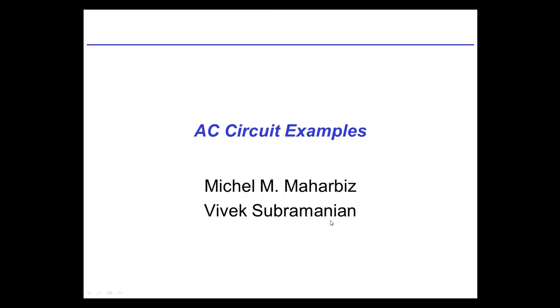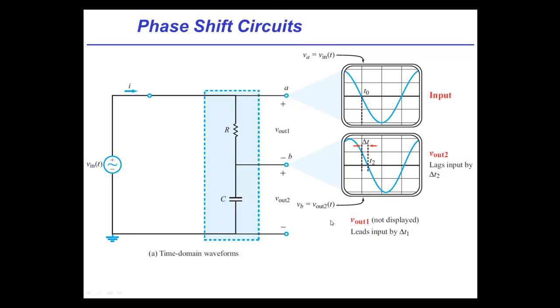Let's get started. To begin, what I'm going to do is hopefully get you to recall that when we did the phasor analysis, you learned that there is a phase difference between the current and voltage in reactive elements such as inductors and capacitors. So now that has an important consequence.